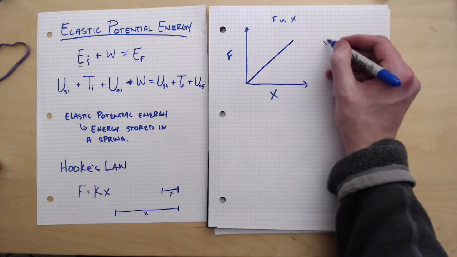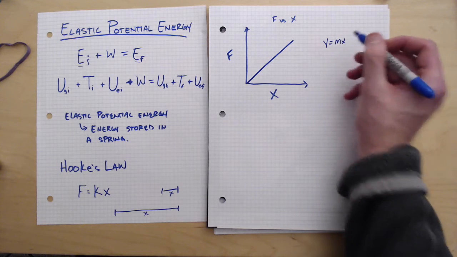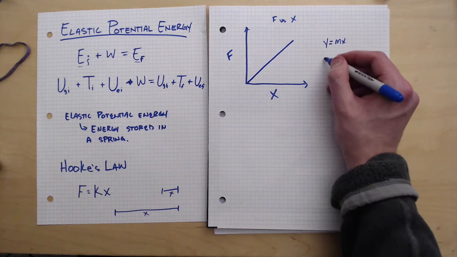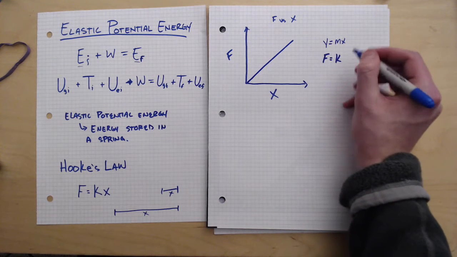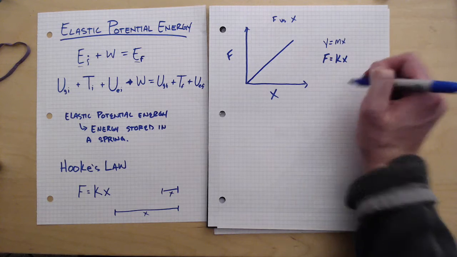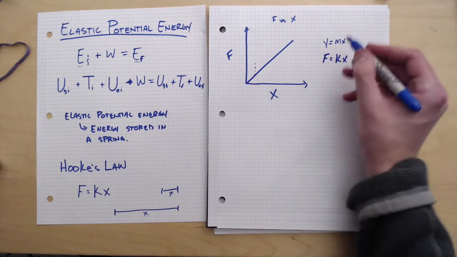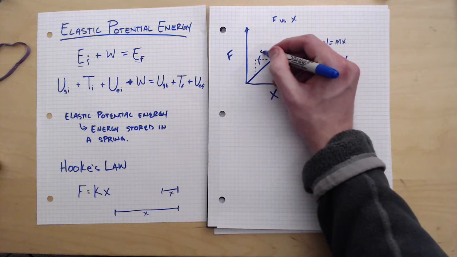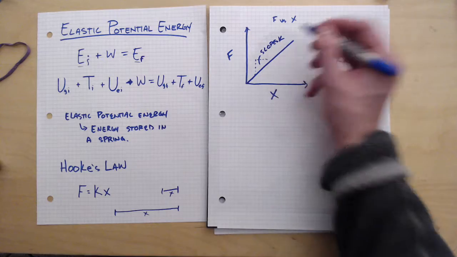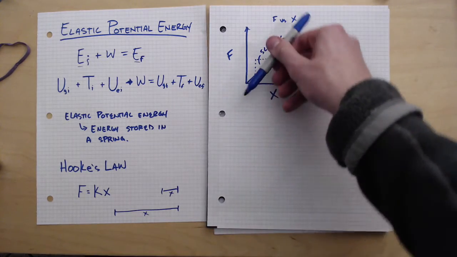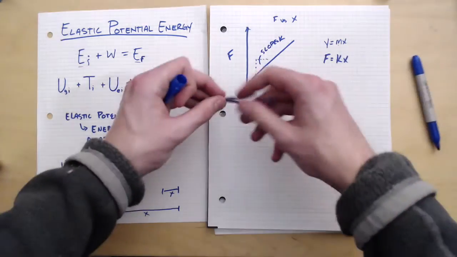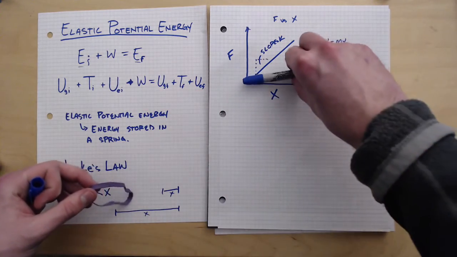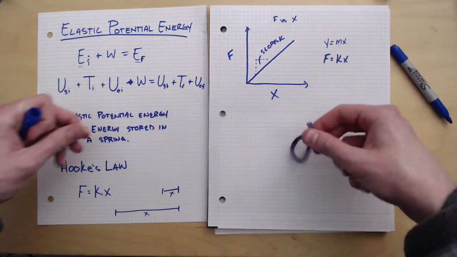If you think about y equals mx, the equation that describes a straight line, you can relate it to Hooke's law, force equals kx. We have a slope here, and that slope is going to be equal to k, or the spring constant. That slope can be really high, meaning that it would be really hard to pull this apart, or it could be really low, meaning that it's really easy to pull it apart.